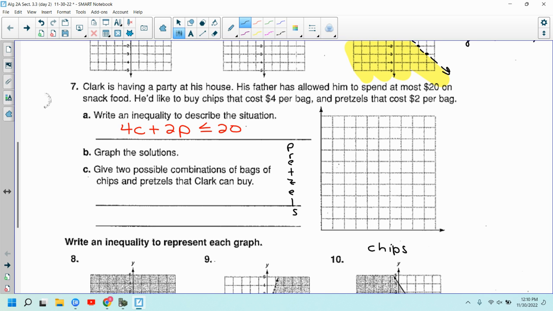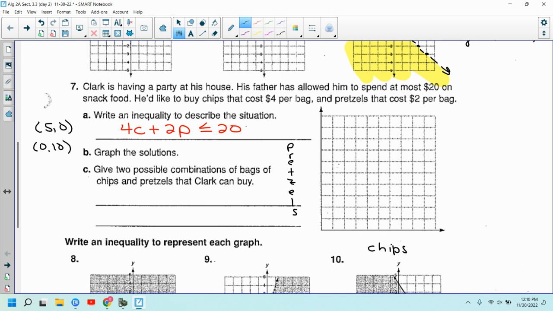If I let P equal 0, C has to equal what? 5. So that would be the point (5, 0). If you cover up the C, what would make 2P equal to 20? 10. Those would be our intercepts. We can graph it using those two. Just make life a little bit easier.